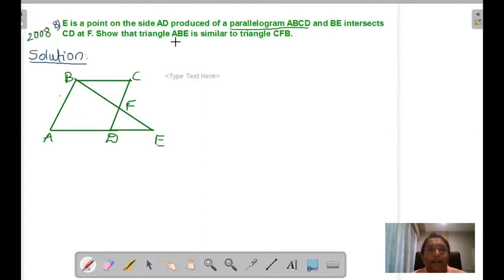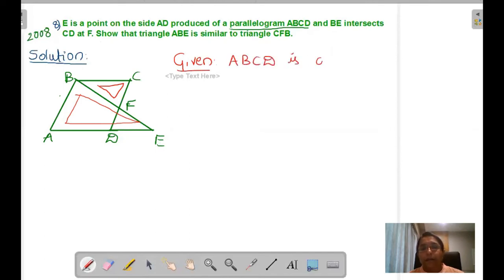Show that triangle ABE, this triangle, is similar to triangle CFB, this triangle. We have to prove them similar. So what is given here? Given: ABCD is a parallelogram.